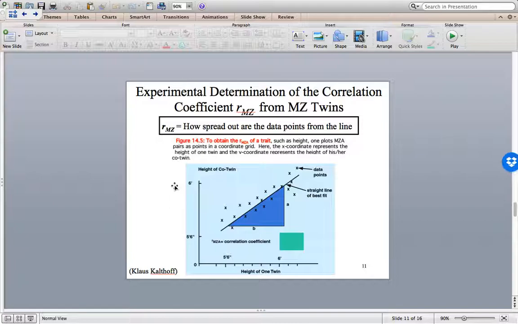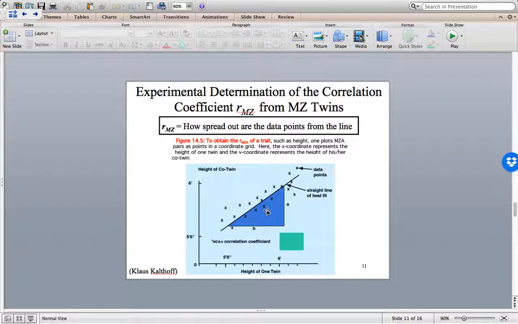If each pair of twins has an identical phenotype, for example, if their heights are exactly the same, then the data point will lie on this y equals x line. For most traits, there will be a scatter around this line. You can see the scatter of the data points, reflecting the fact that identical twins don't have identical traits.